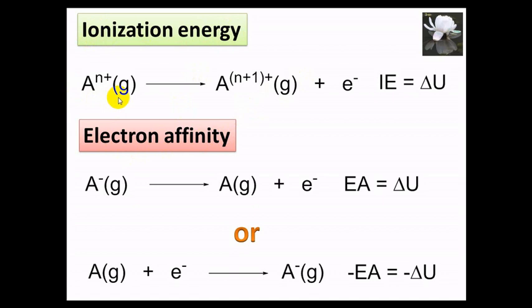In the first case, it is the energy required to remove an electron from a gas atom or ion. In the second case, it is the energy required to remove an electron from a gas anion. The value of energy is positive. However, the electron affinity is also defined as the energy necessary to add an electron to a gas atom, when the value of energy is negative.